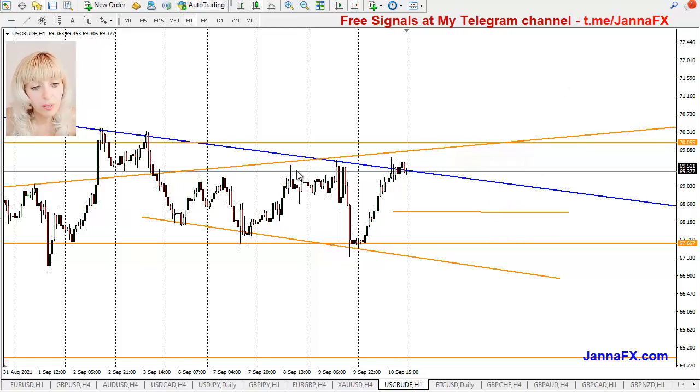That could quite possibly be this way, but you see at this moment we're going a little bit down. So for example, if it goes down here, then goes up again but doesn't break it, then from here we would expect it to continue and break this support, 67, 60 something, and then go further lower.